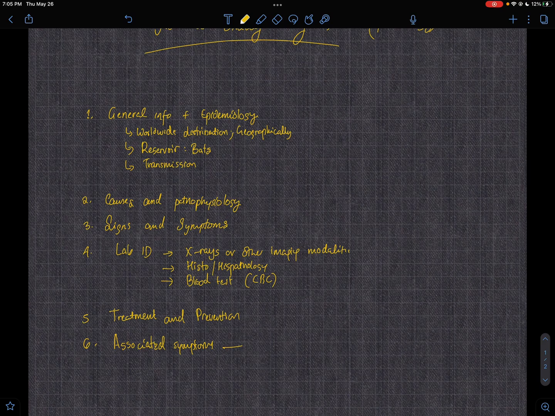And after you look at transmission, what's really important is the incubation period of that pathogen, whether it's a virus or bacteria or fungi or a parasite. What is the incubation period? It is the time between when you're introduced to the pathogen and the time when symptoms start to arise.